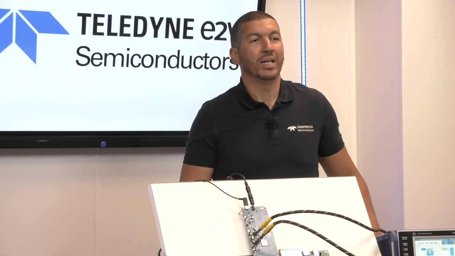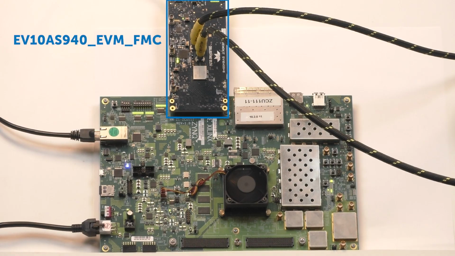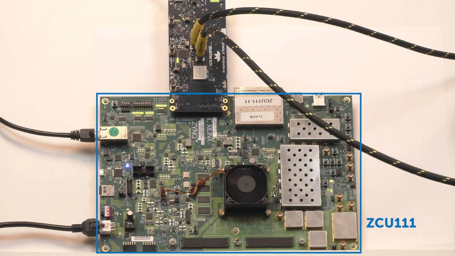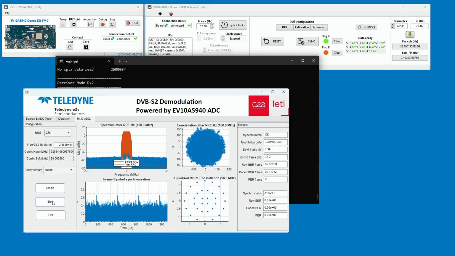Now, what are the elements of the demonstrator? The demonstrator is composed of three elements: the EV10AS940 ADC board, capable of sampling at 12.8 gigasamples per second with 10-bit resolution; the ZCU111 board, which hosts the FPGA cores for ADC testing, DVB-S2 detection, and partial demodulation; and the host PC, which manages the demonstrator's configuration, handles parts of the data processing from the FPGA, and provides real-time visualization of the results.